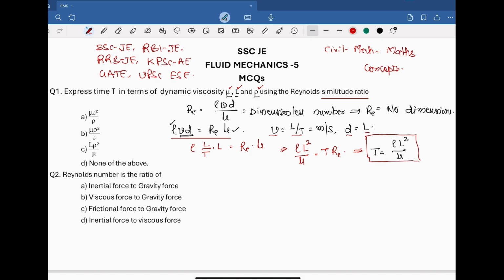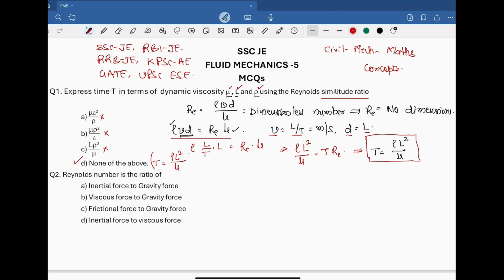This is the answer. Let us see whether the answer is there or not. Rho L square by mu, mu L square by rho, it is wrong. Mu rho square by L, that is also wrong. L rho square by mu, that is also wrong. Hence the answer is none of the above. The real answer is T is equal to rho L square by mu.